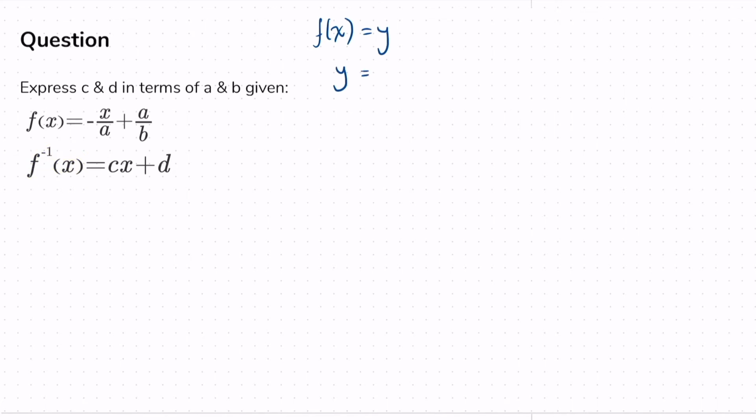So y here is equal to -x over a plus a over b. And what I'm hoping for, in the back of my mind, is that we end up with something that looks like something times x plus something. Right, so a coefficient and a constant. So let's see if I can simplify this out, right? Because I want to make x the subject. So this becomes -x.